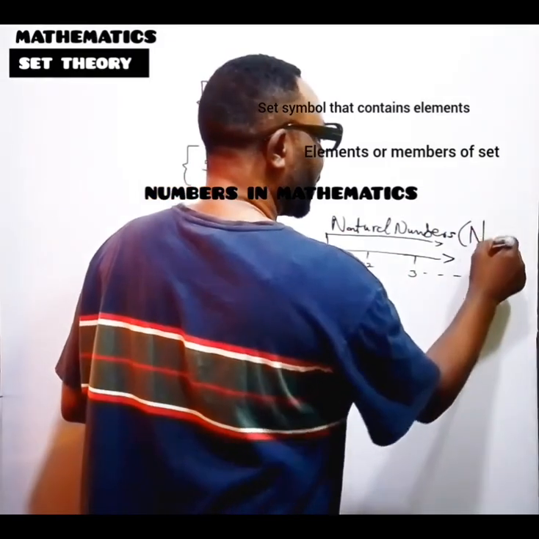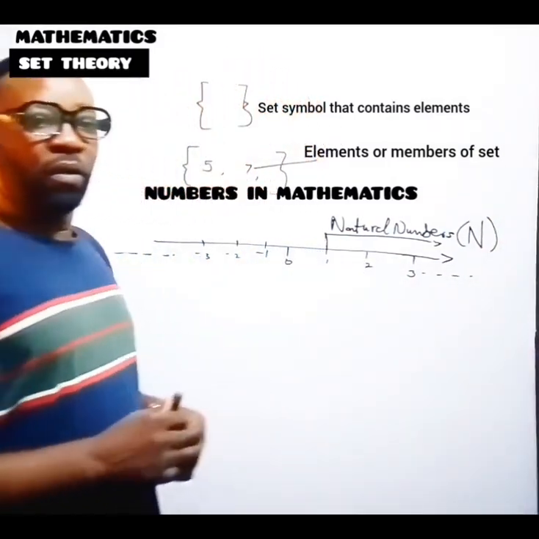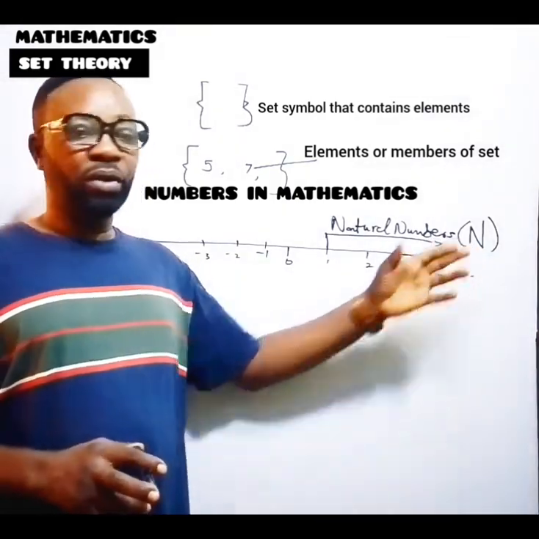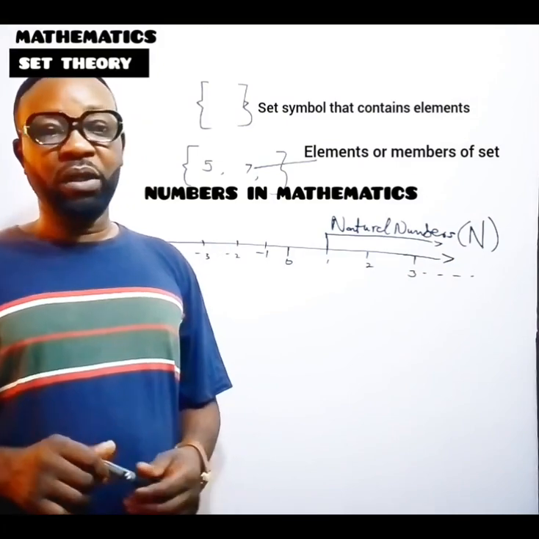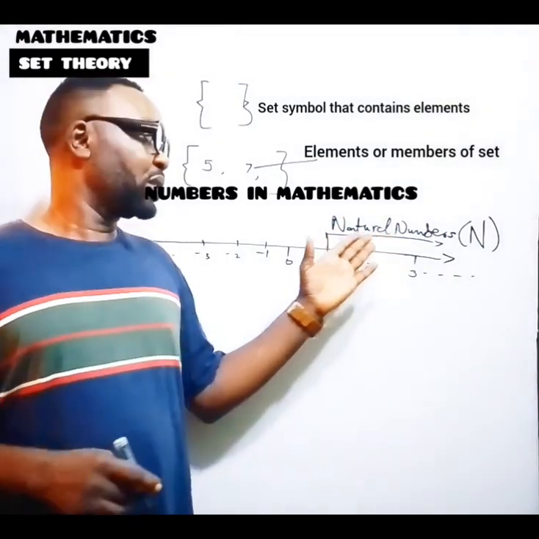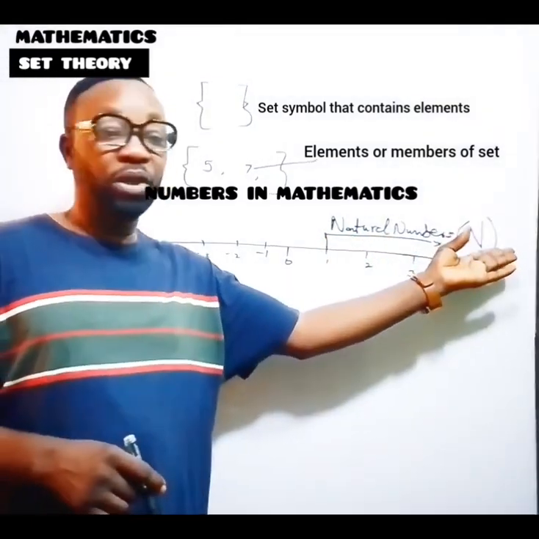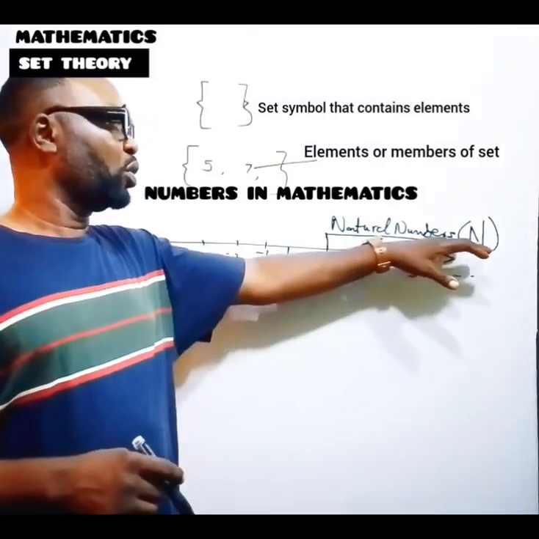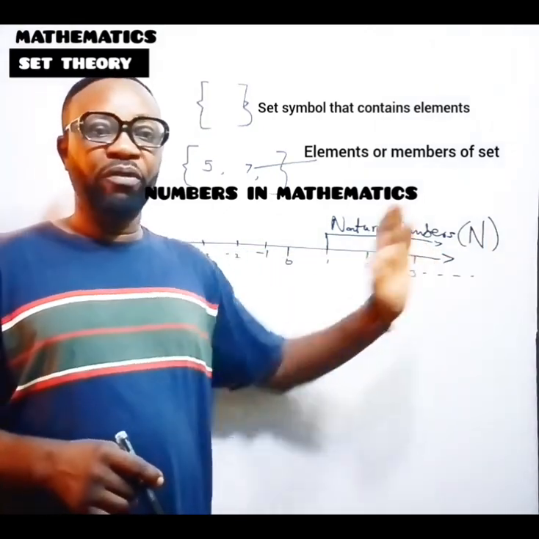They are represented by this symbol, capital letter N. It is important for you to know this symbol, because in most cases when you are given a question under set theory, nobody is going to write for you that this set is the natural numbers. They will just make use of these symbols for you to know how to place the appropriate values.